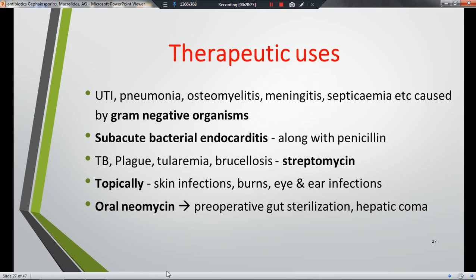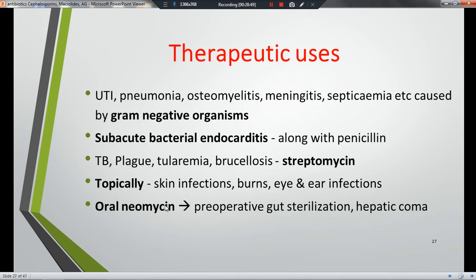And even though we say you cannot administer these agents orally, you have oral neomycin. So where do we use oral neomycin? Oral neomycin does not get absorbed, so it directly reaches the colon and kills the colonic bacteria there. So we use it for pre-operative gut sterilization. Another use is hepatic coma.